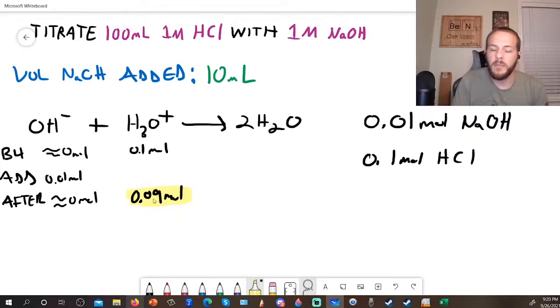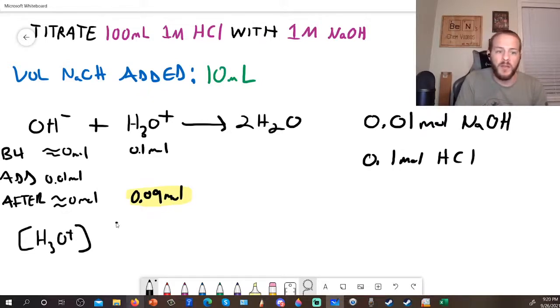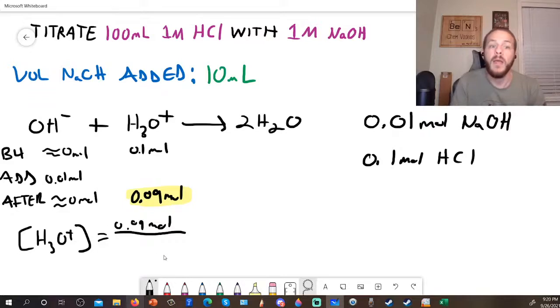And so we need to be able to convert that into a concentration. So we have moles, but we need concentration in order to be able to do the calculation for pH, right? So the concentration of H3O+ is going to be the amount of H3O+ in moles, so that's 0.09 moles divided by the total volume.